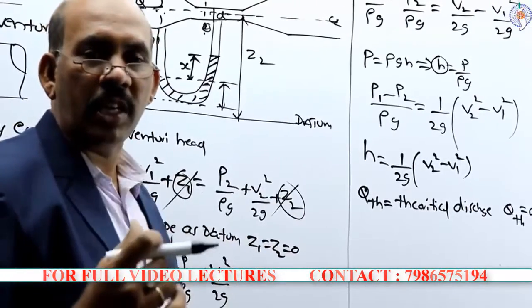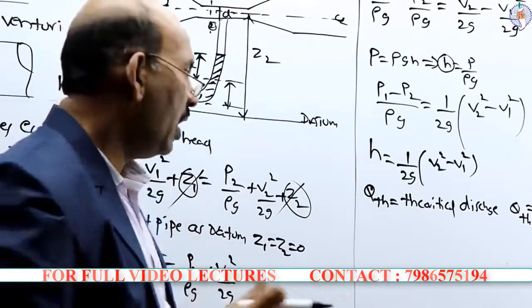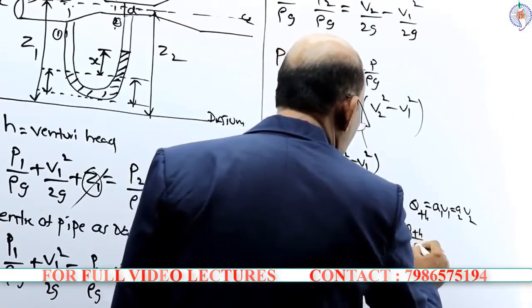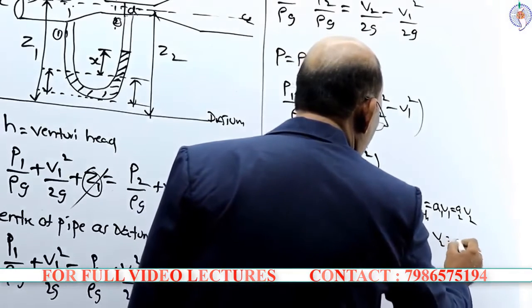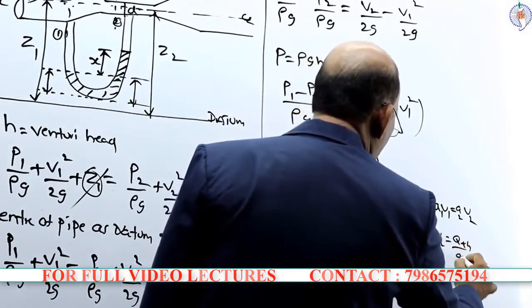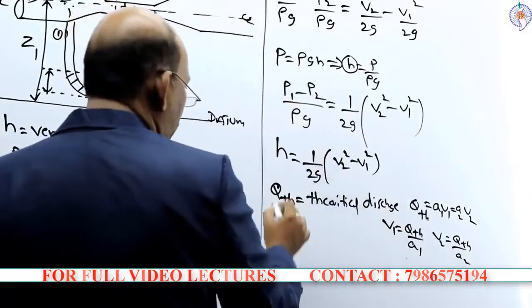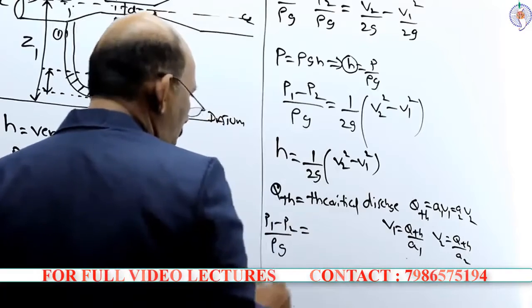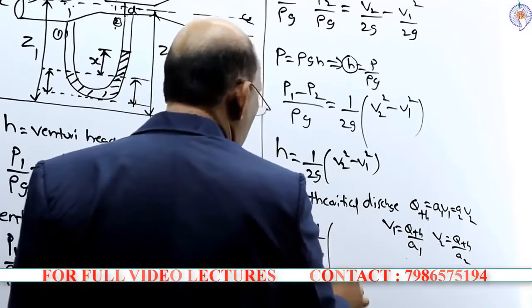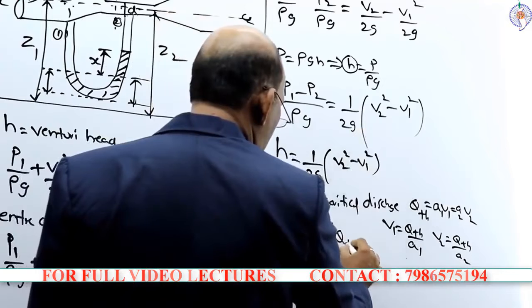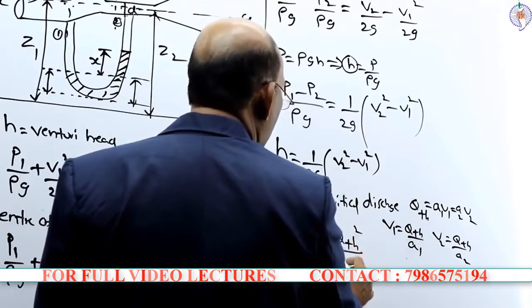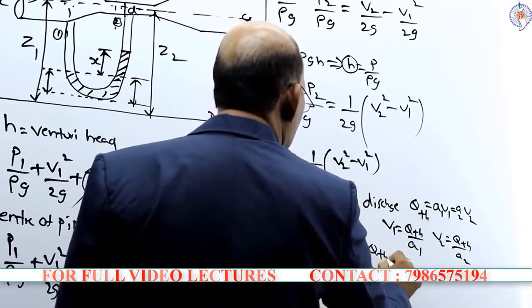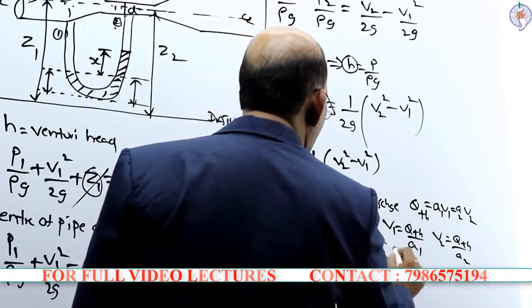So according to the continuity equation, V1 is equal to Q theoretical divided by A1, and V2 is equal to Q theoretical divided by A2. So substitute back in this equation, P1 minus P2 divided by rho g, 1 by 2g into V2 square, that is Q theoretical square divided by A2 square minus Q theoretical square divided by A1 square.